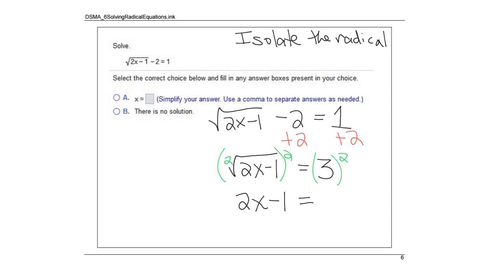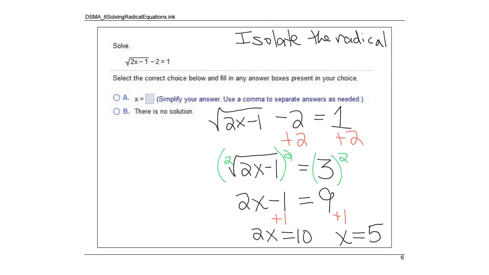On this side, I have 3 squared, which is 9. And then I'm just going to solve for x. So I'm going to add 1 to both sides. That gives me 2x equal to 10. And so x is equal to 5.